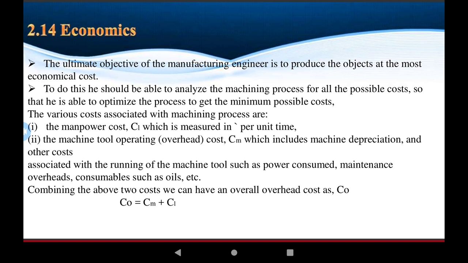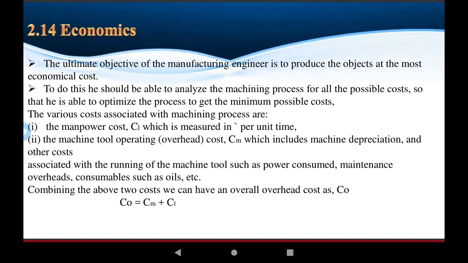Suppose all the operations minimize the cost. The first part is the manpower cost, C1, measured per unit time.